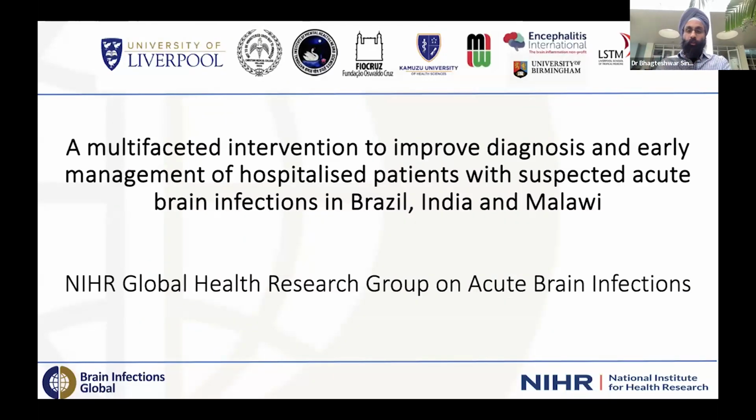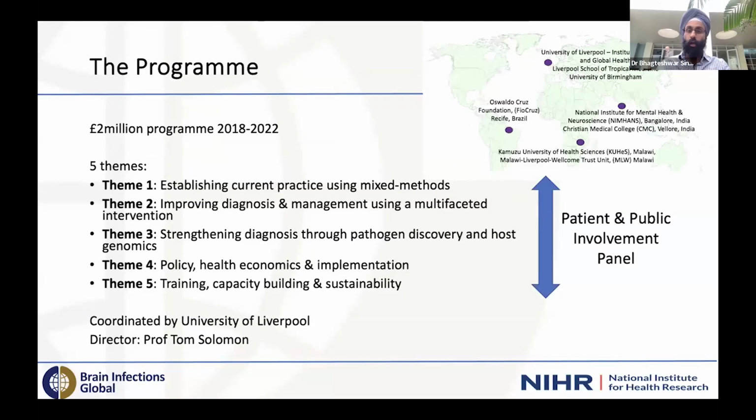Just a few slides to briefly talk about this brain infections global project that Rafael will go into a bit more detail on in terms of how it worked in Brazil, and Tina also contributed to that substantially in India and did things alongside that. So this was a 4.5-year program that worked across various themes to try and tackle the issue of making a diagnosis in patients with brain infections.